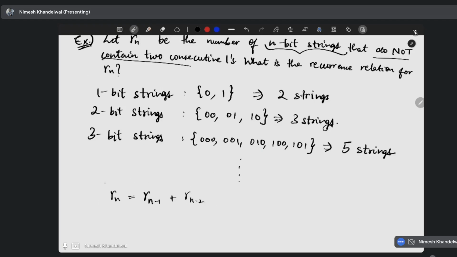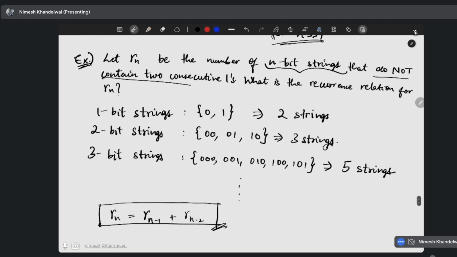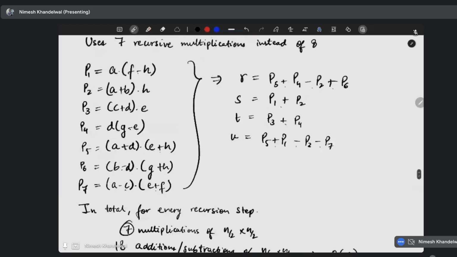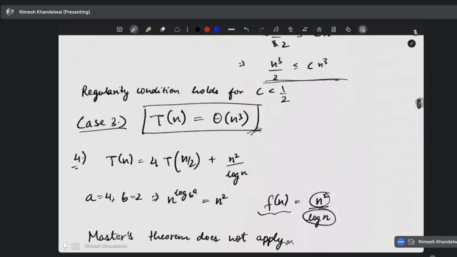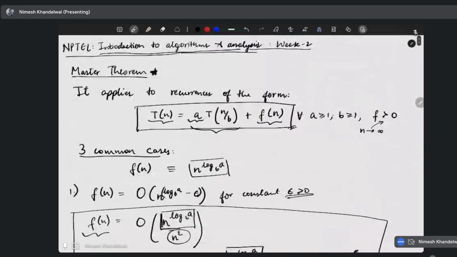So now again, this is another recurrence relation, right? So it's helpful to pose solutions to some problem in the form of recursion, so then we can solve them easily using computers. So I think this should be enough for today's session.